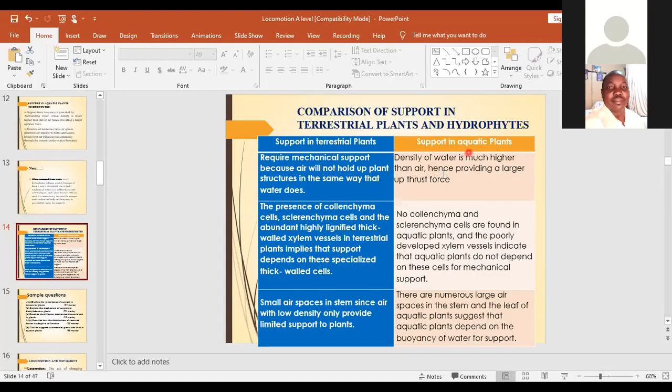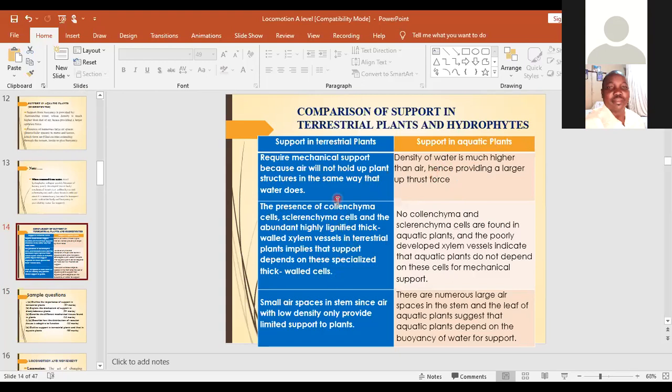But in aquatic plants, the density of water is much higher than air, hence providing a larger upthrust to the plant. And therefore, the plant will be able to support itself or even float on top and be able to gain the necessary light that it will require.